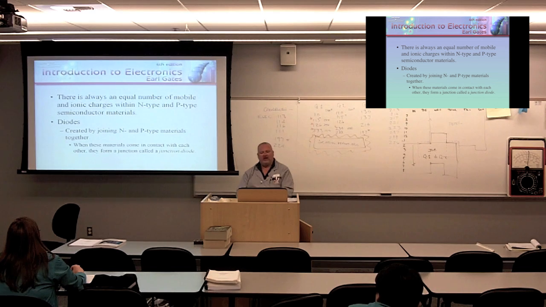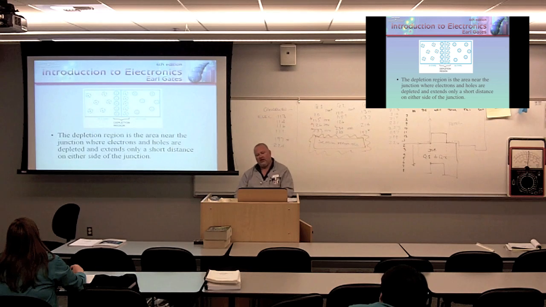Diodes are created by joining N and P-type materials together. When these materials come in contact with each other, they form a junction called a junction diode. This is what it would kind of sort of look like if you were an artist trying to depict it.